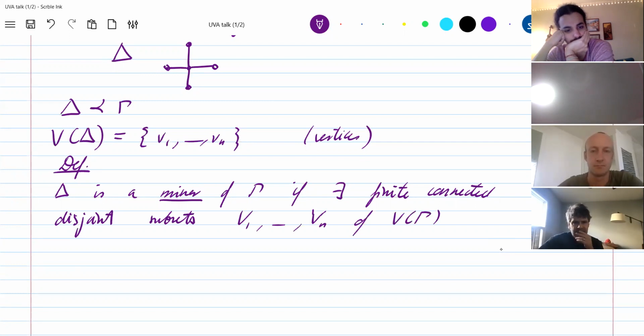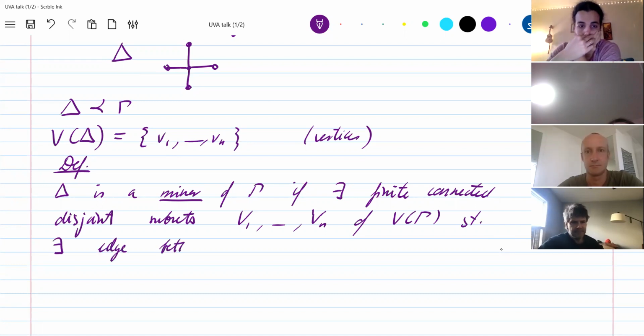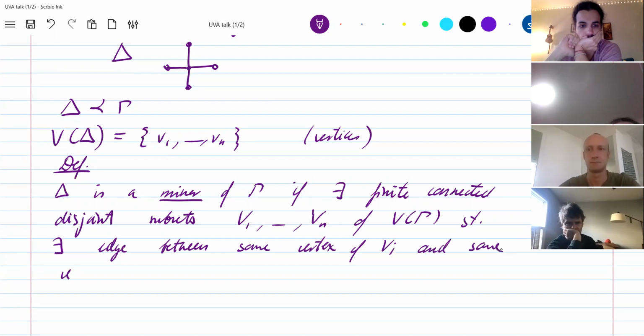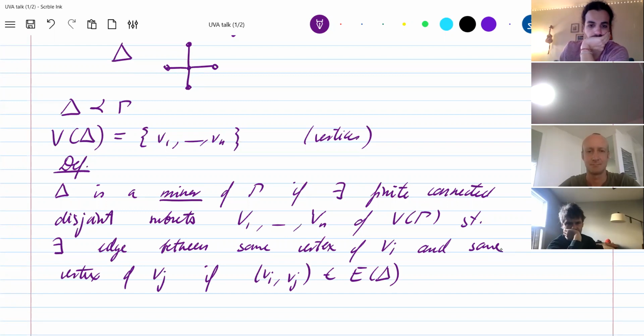Okay, and these are vertex subsets of the vertex set of gamma, such that there exists an edge between some vertex of vi and some vertex of vj if there's an edge in delta between the corresponding vertices vi and vj.